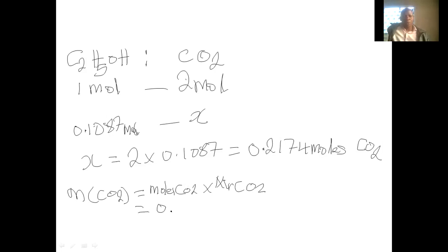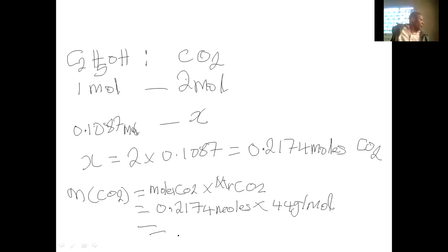That gives us 0.2174 moles multiplied by 44 grams per mole, which gives us 9.6 grams of carbon dioxide produced.